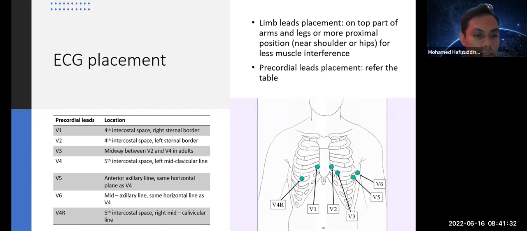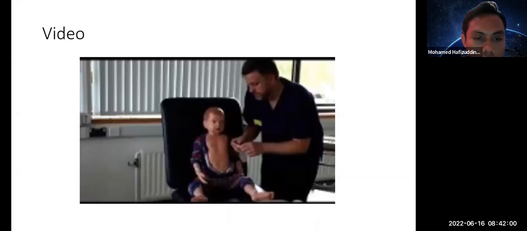Next we place the V6 first at the axillary line, on the same horizontal line as V4, and then we place the V5 between V4 and V6. To add on, we put V4R at the fifth intercostal space at the right mid-clavicular line. I provide a video to show how the electrodes will be placed on the children.